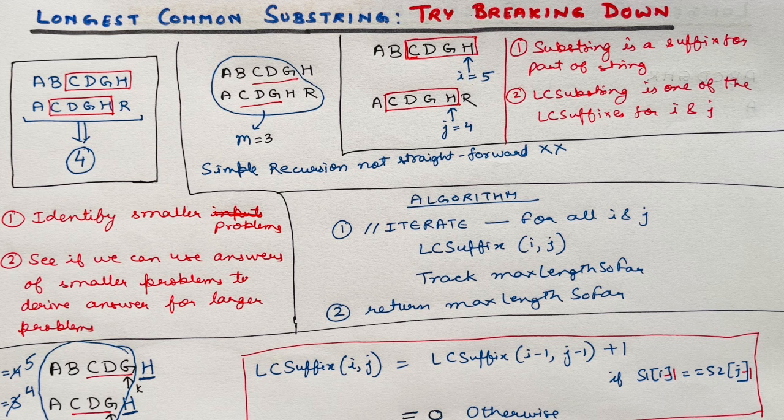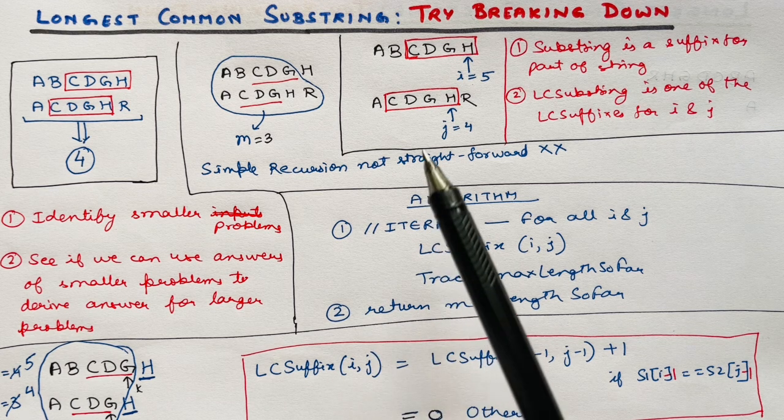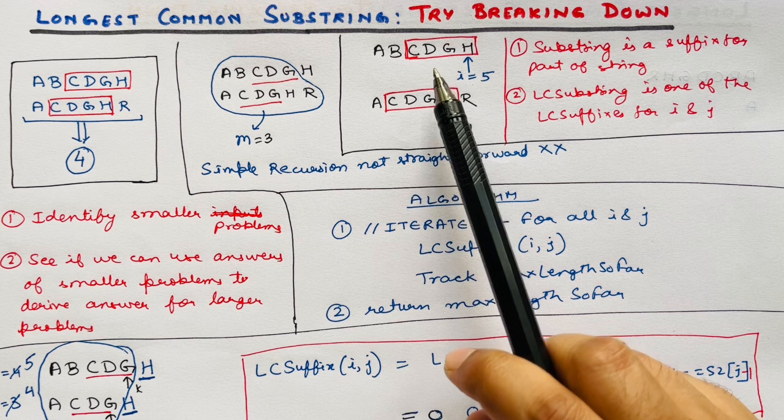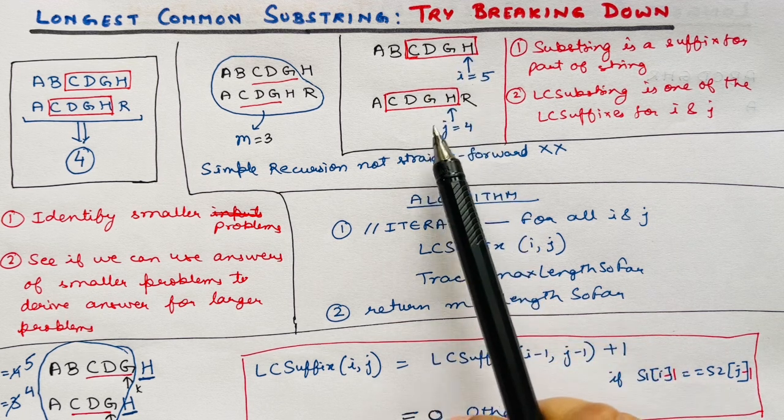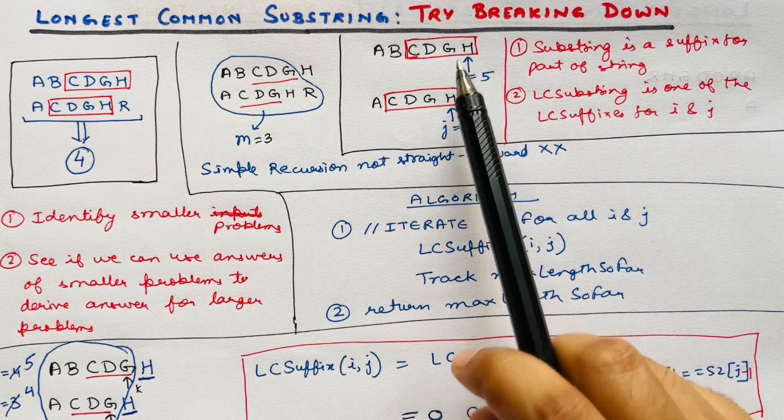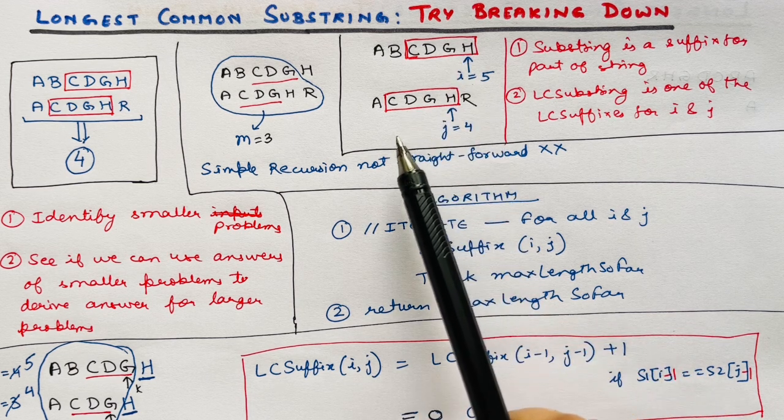Before moving to the bottom-up approach, let us first briefly recap how we solved this problem using top-down approach. So first of all, we made an observation. What observation? We thought that whatever is the substring that we are looking for, example CDGH here, this substring will end at some or the other index.